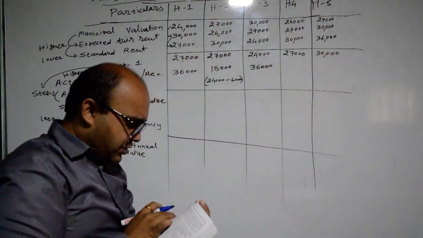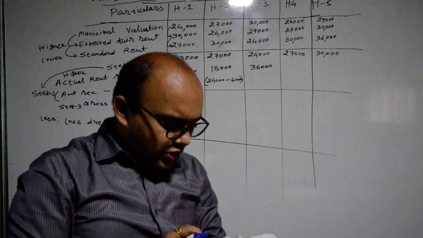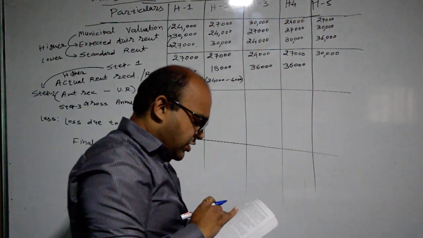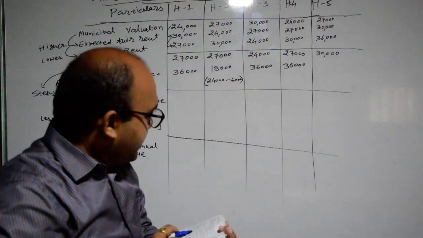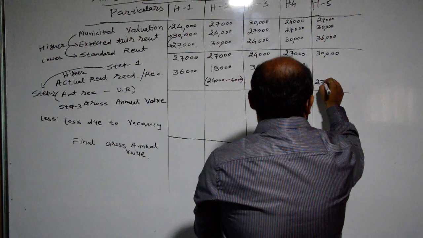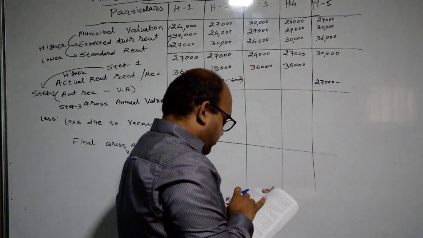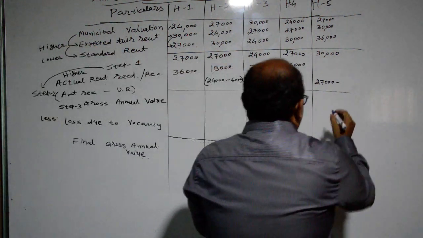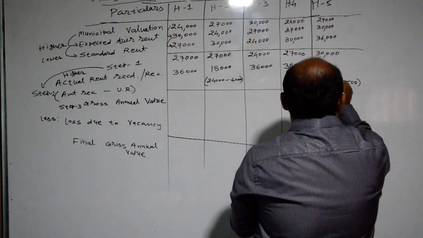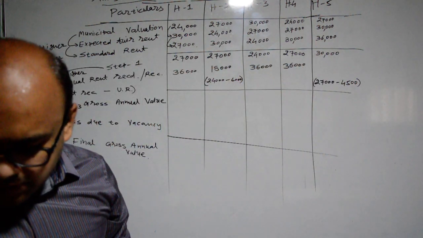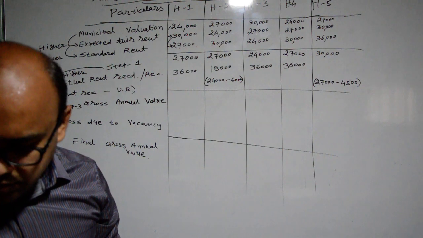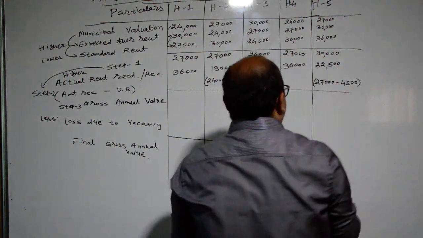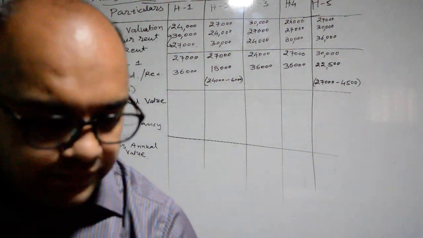Another 36,000 is provided here, and here also no irrecoverable rent is provided. Then for 27,000, irrecoverable rent is provided, so it will be deducted from the amount received or receivable. Out of 27,000, 4,500 is irrecoverable rent, so it is 22,500.